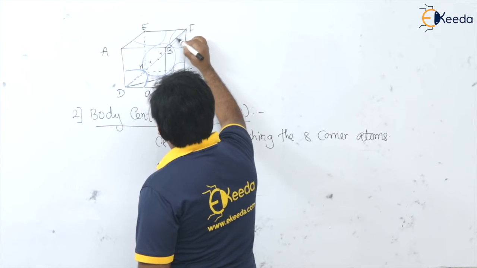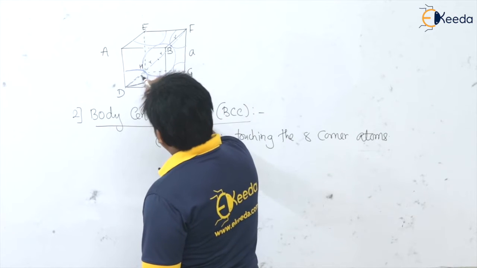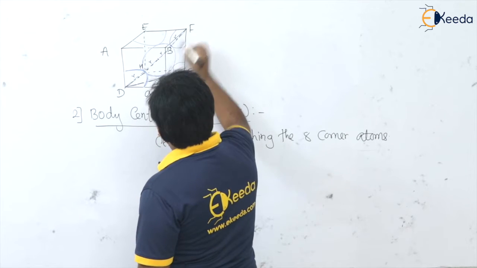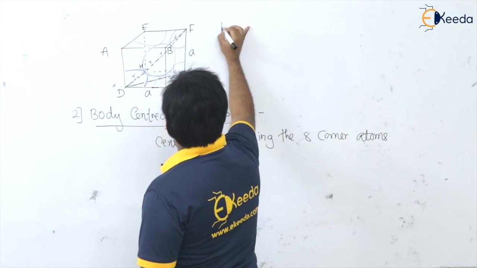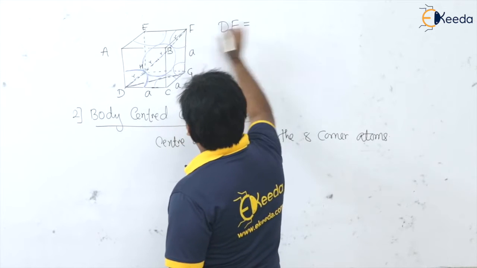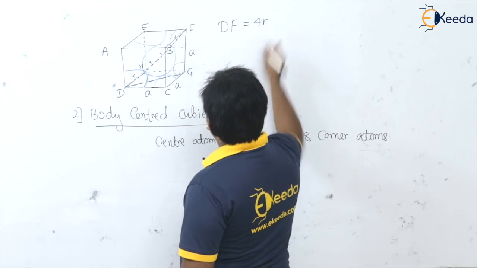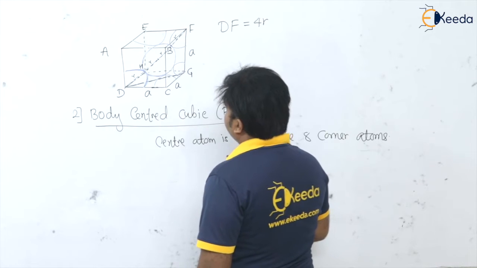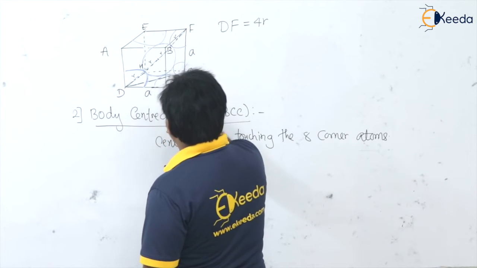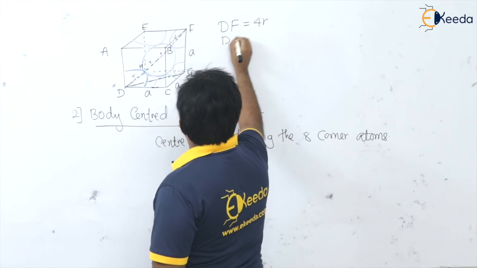Here the radius R, and for this atom this radius R is coming with DF. So DF is nothing but R plus R plus R plus R. It is 4 times R, isn't it? We want to find out this DG. DG we have to determine.